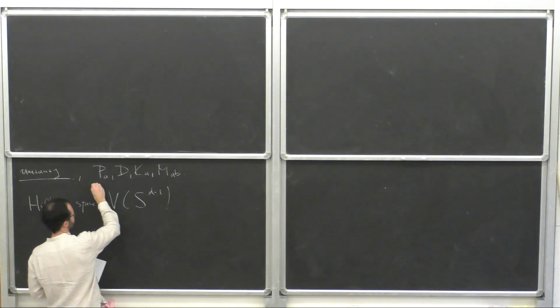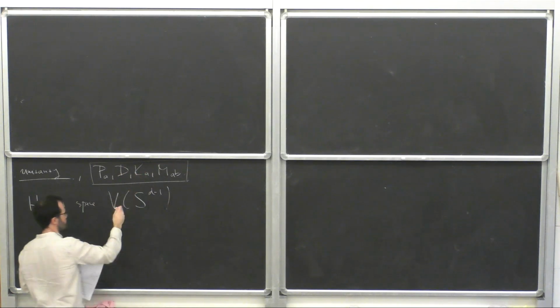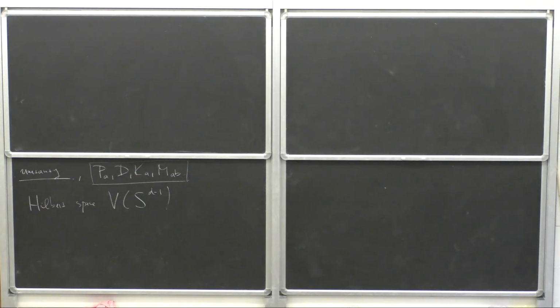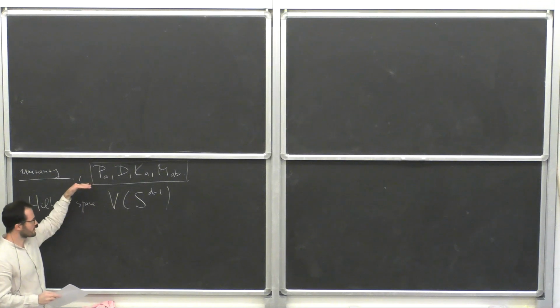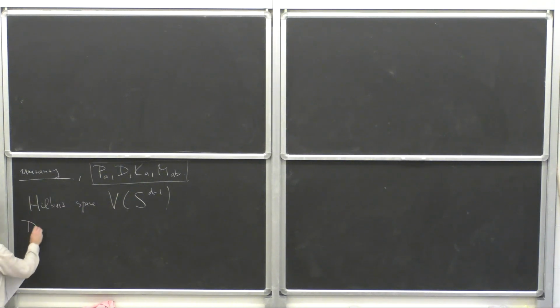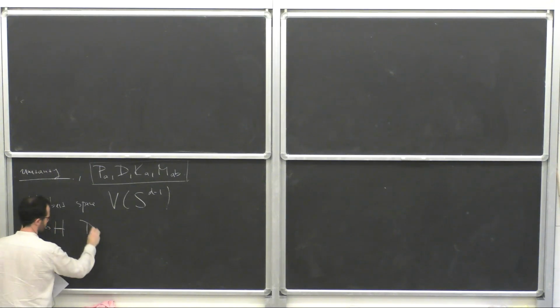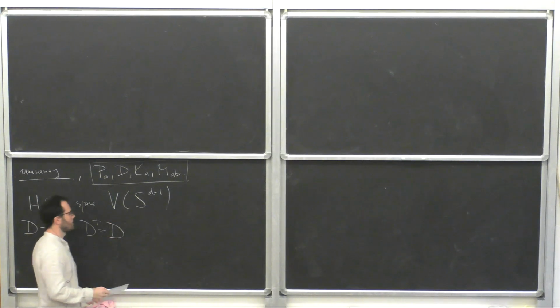Now let's think of these as operators acting on the Hilbert space. If the theory is unitary, then these operators satisfy certain hermiticity conditions. Let's discuss what these conditions are. Remember that D became the Hamiltonian, so it should be Hermitian. So D is Hermitian.